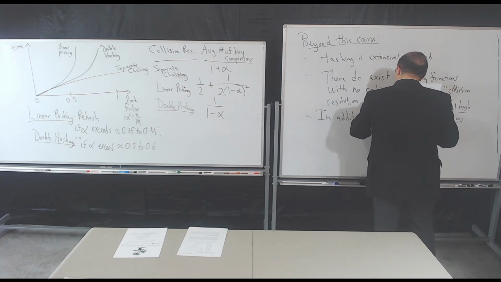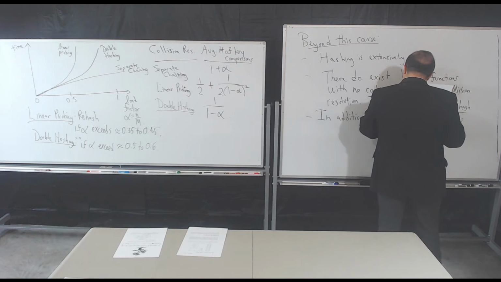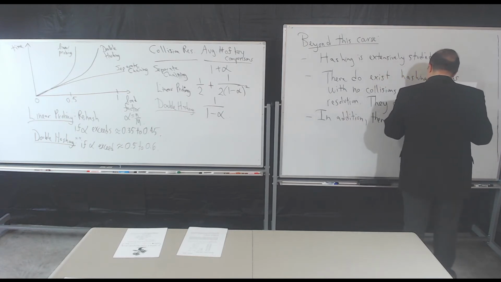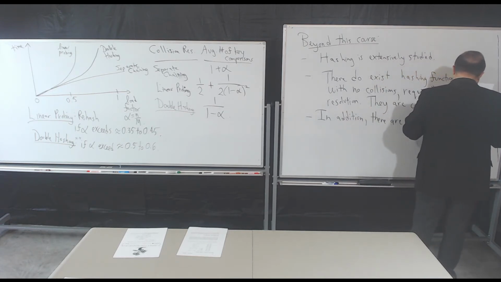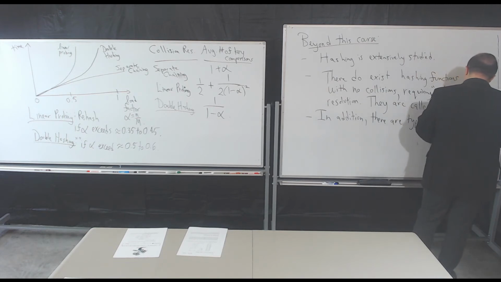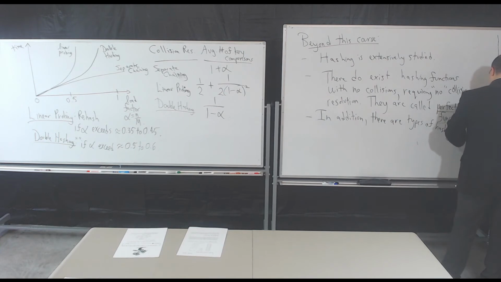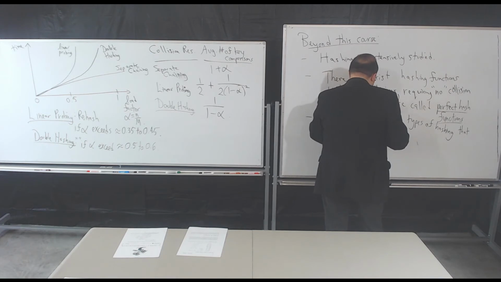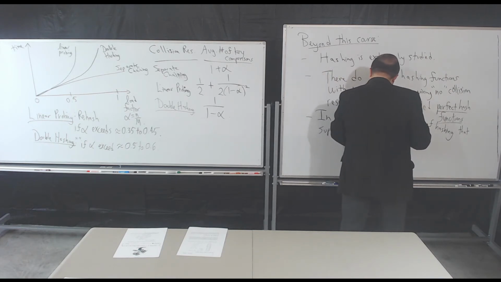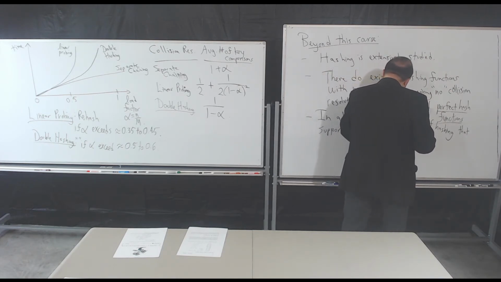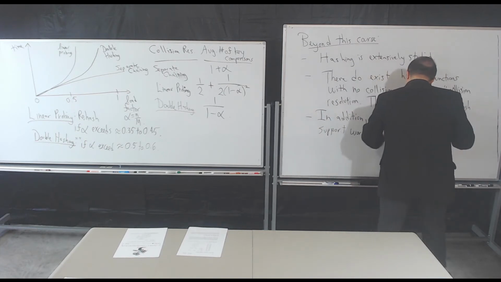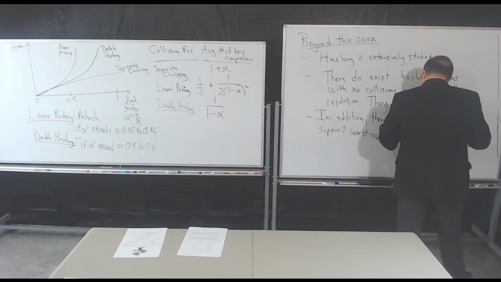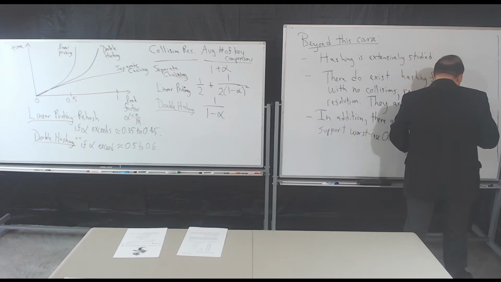In addition, there are types of hashing that support worst case big O of 1, so constant time, get operations.